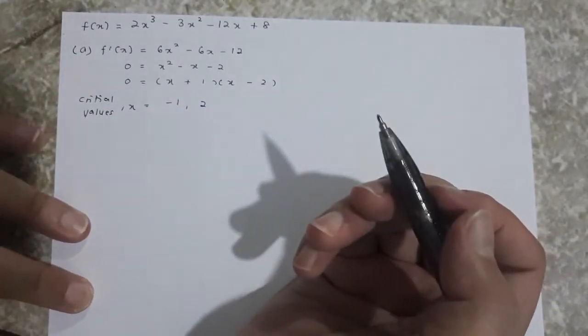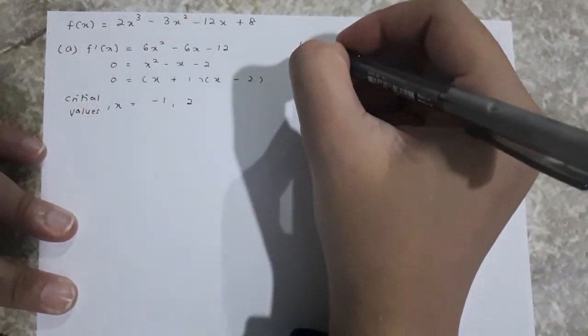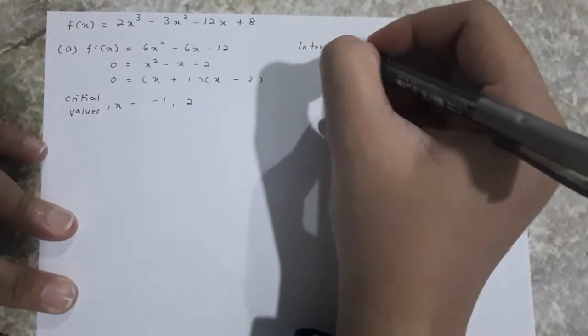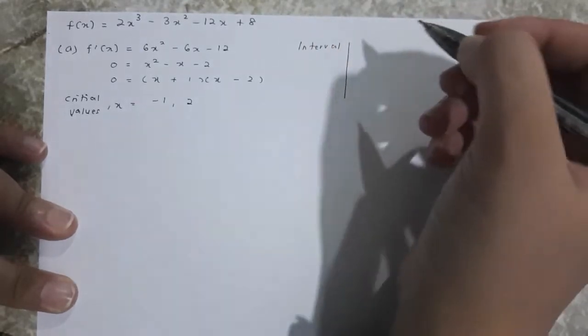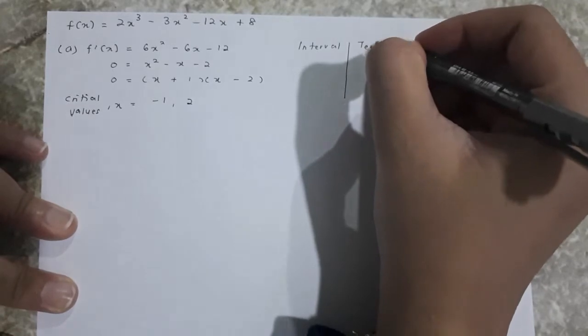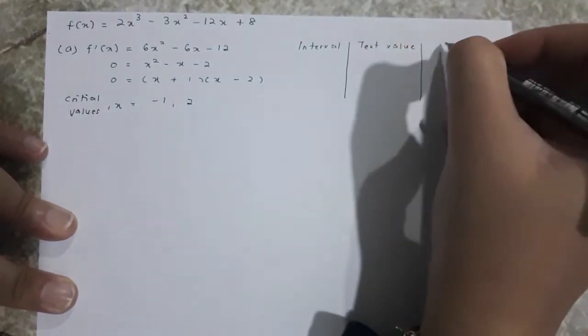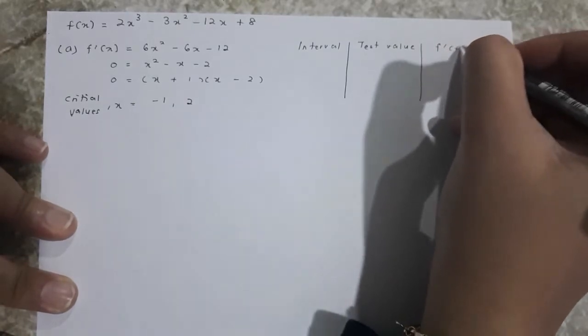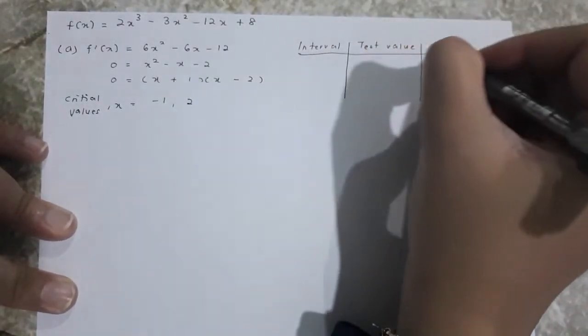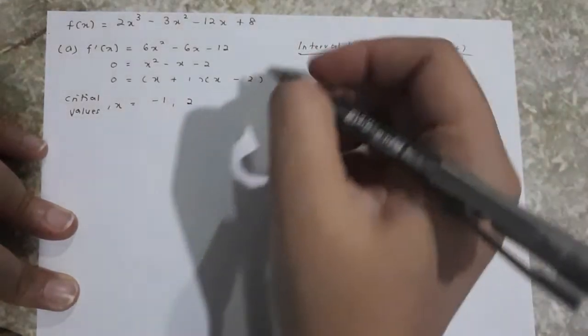From the critical values, create a table of 3 columns. First column for interval, second column for test value, and third column f prime x. For interval, always start from negative infinity and end with positive infinity.